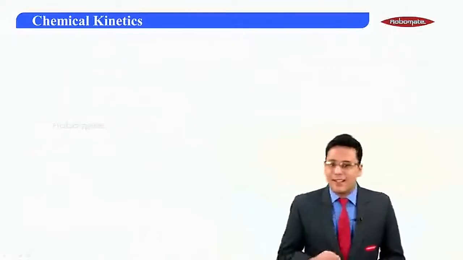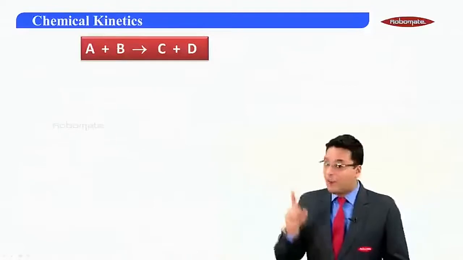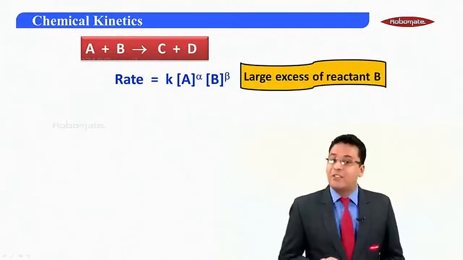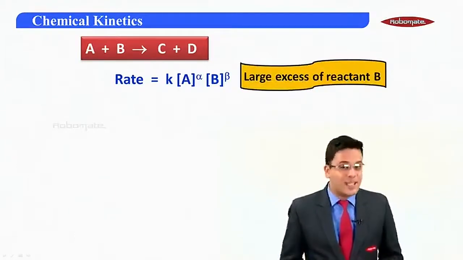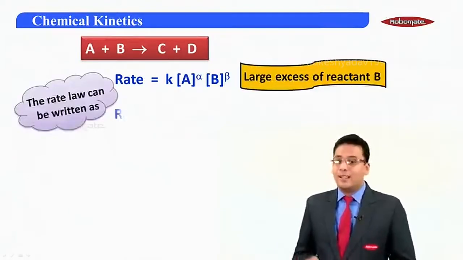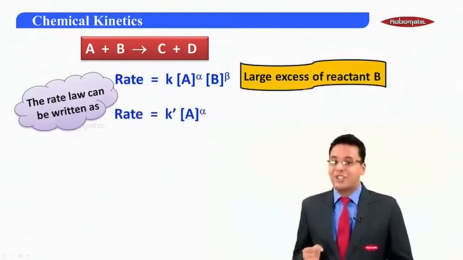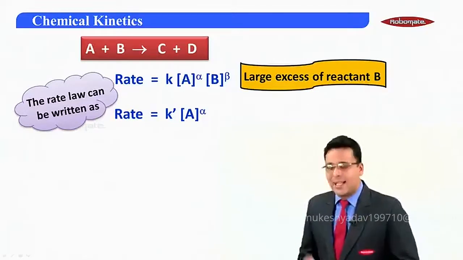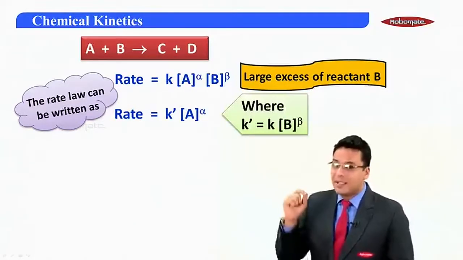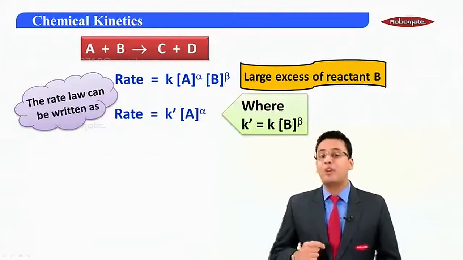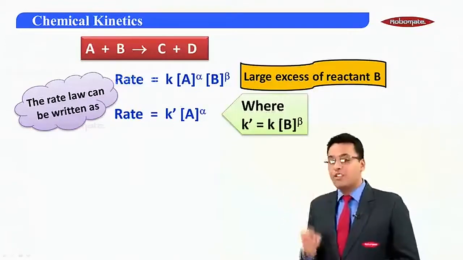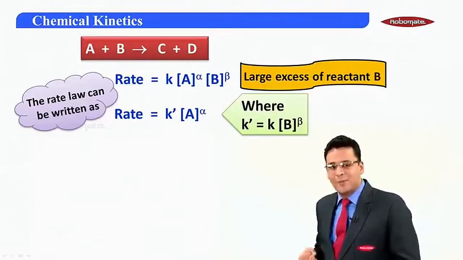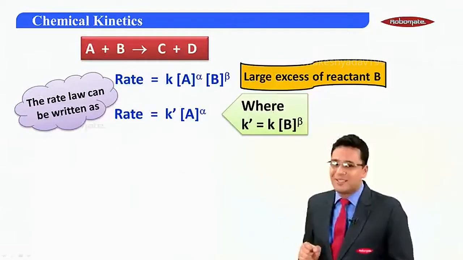So let's understand that better. We know that for this reaction, this is the rate law. But if we have a large excess of B, we can say that rate is equal to K dash into concentration of A raised to alpha, where K dash is nothing but K into concentration of B raised to beta, all the constant terms taken together. Now here, if the concentration of A changes, the rate changes.